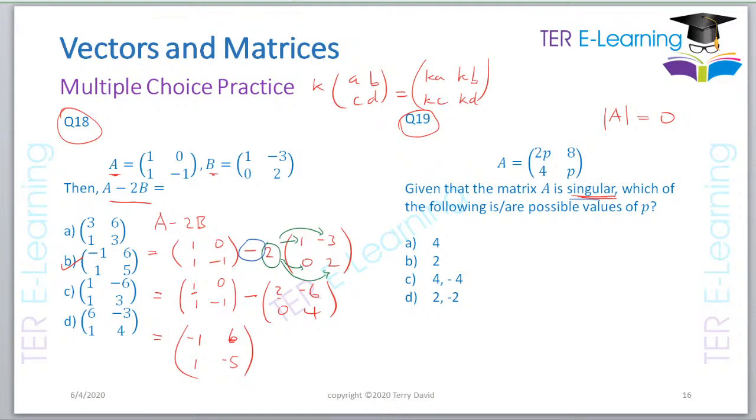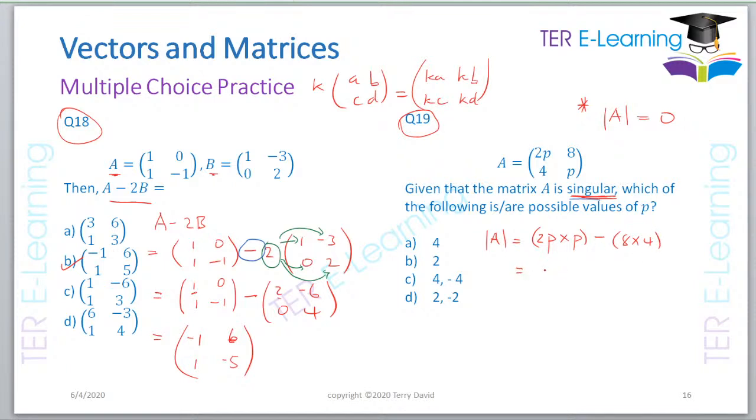So remember, this is just like the previous question we did, right? So the determinant for a singular matrix, so this is what you need to know. Once you see the word singular, what that means is that my determinant is equal to 0. So the determinant of A, right? Remember we say it's AD minus BC, right? That's how we work it out. So it's 2P multiplied by P minus 8 by 4, right?